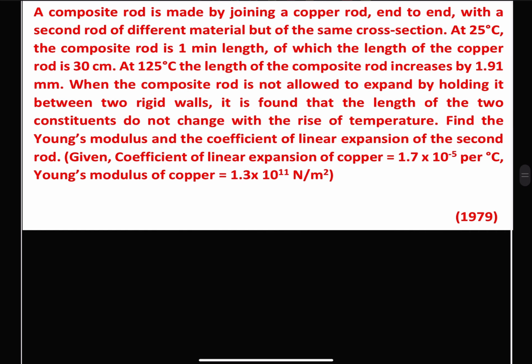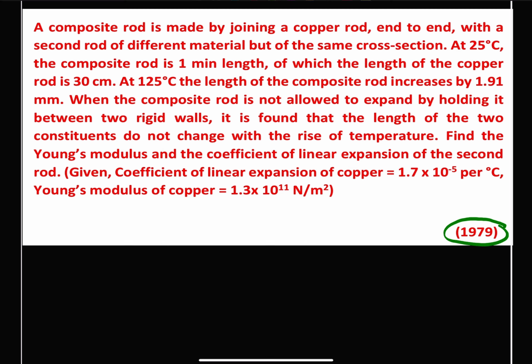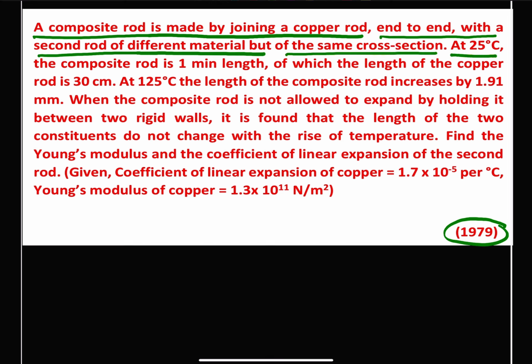This question was asked in the year 1979, and it states that a composite rod is made by joining a copper rod end to end with a second rod of different material but of same cross section. At 25 degrees centigrade, the composite rod is 1 meter in length, of which the length of the copper rod is 30 centimeter.